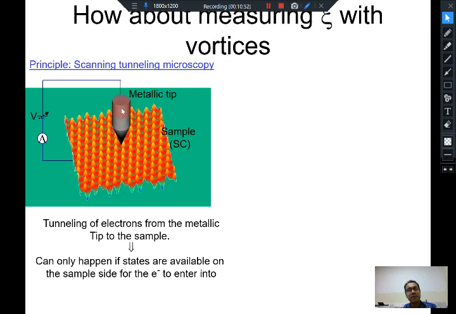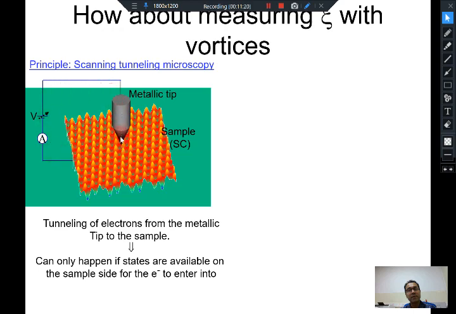So what is scanning tunneling microscopy? You have a very sharp, atomically sharp tip which is moved over the surface of a material, and electrons can hop over a tunneling gap between the tip and the surface. If it's a normal metal, there are available states on the metal, so the electron can hop from the tip to the metal below it.